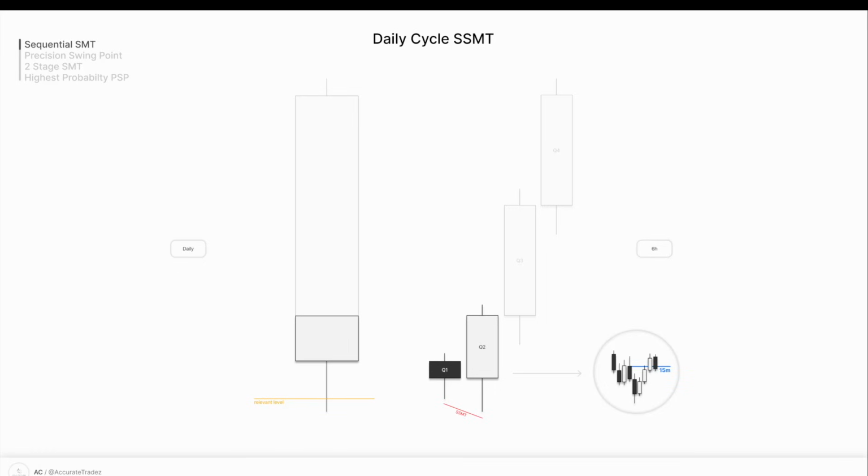Now we have the daily cycle sequential SMT. So it's the same thing, right? You're viewing the daily candlesticks in 4 6-hour candles, so 4 quarters, right? Splitting up the day. And this is essentially just a sequential SMT between 2 consecutive 6-hour candles or 2 consecutive sessions, right?